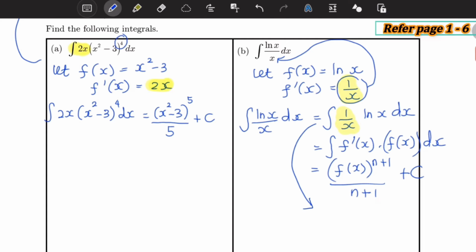Therefore, for our case, our f x is ln x. So we get ln x power of 2, because the original power is 1, divide by 2 plus c.